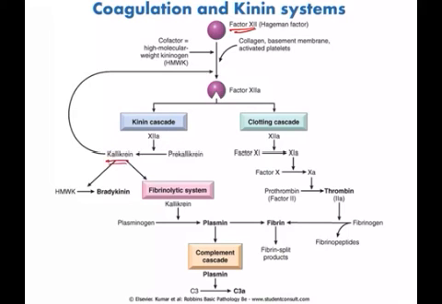Kallikrein, which is produced in the process of the coagulation cascade, is going to stimulate further formation of many other complements. You can just go through this process of the coagulation cascade later on. I hope all of you would have come across this during your bachelor's degree.